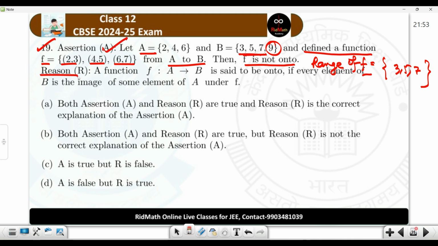The reason R is saying a function f from A to B is said to be onto if every element of B is the image of some element of A under f.